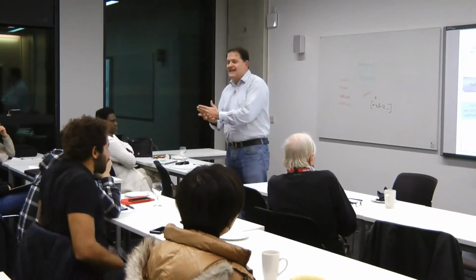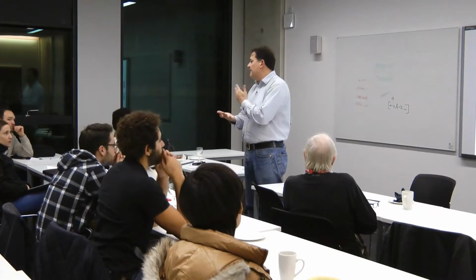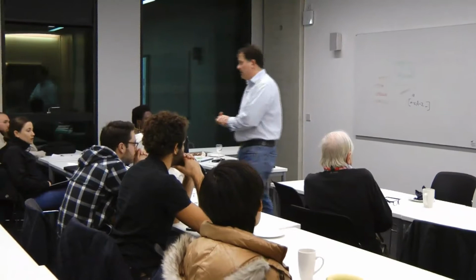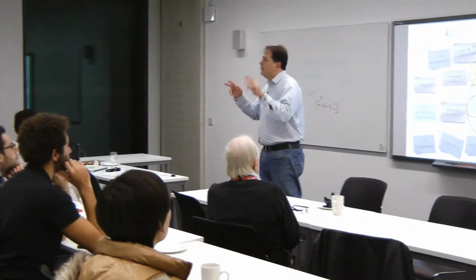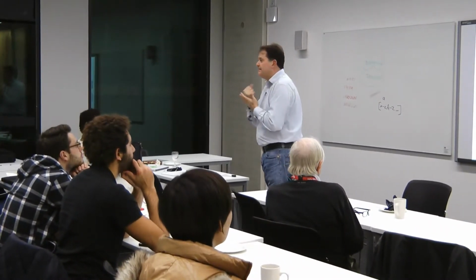And if the microfinance institution thinks that this person, usually women that do all the work, okay, is worth it, they think there's a decent business there, that it can work and whatever, then they lend the money. Okay? So there is that quality control that goes on at 2 levels. First, KIVA doing quality control on local microfinance institutions, and then once they're approved, local microfinance institutions doing quality control on the final customer to whom they're going to give the money. Does that make sense? Yeah.